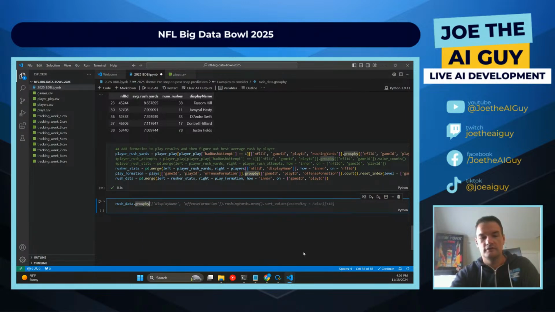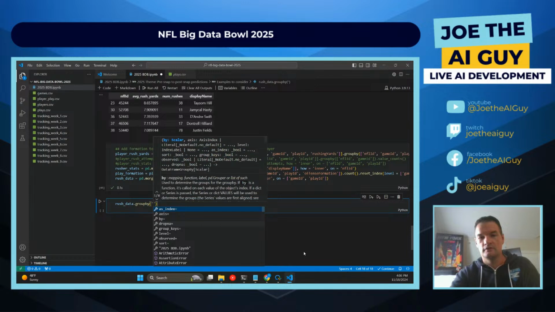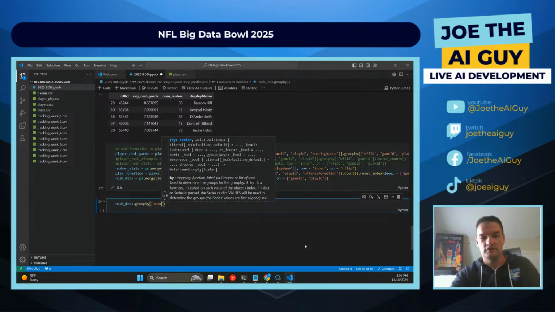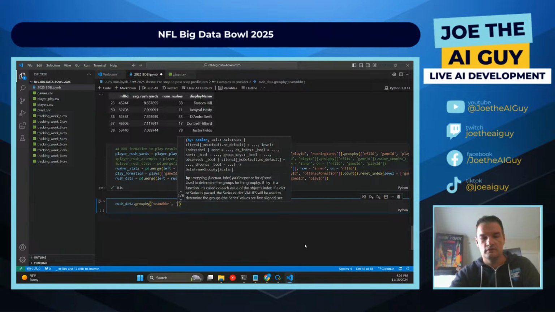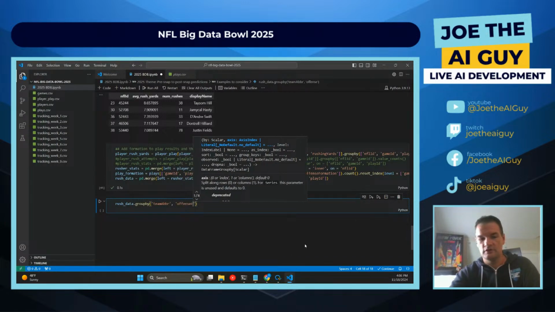Group by. We got team. And then offense formation.